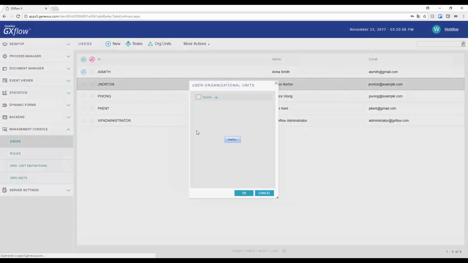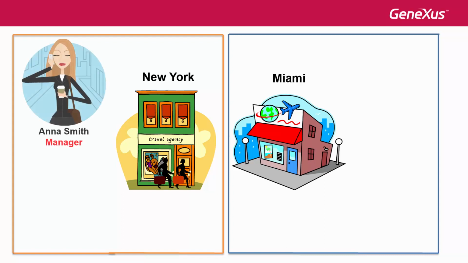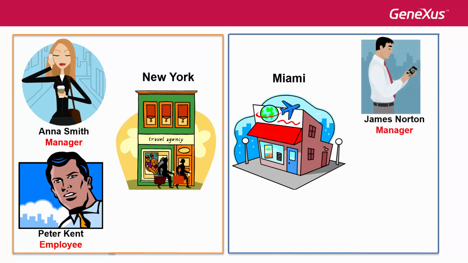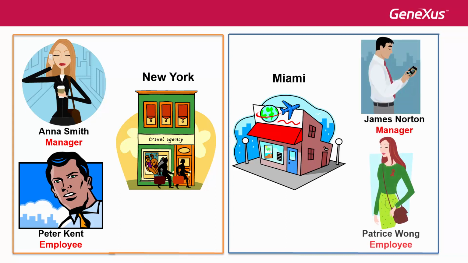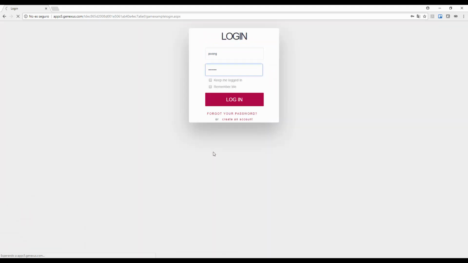Located in P. Wong, we press the Organizational Units button and select Miami. Now we select J. Norton and assign him to Miami as well. This is how we define the manager at New York to be Anna Smith, with employee Peter Kent, while the manager in Miami is James Norton, and Patrice Wong is an employee at that branch.